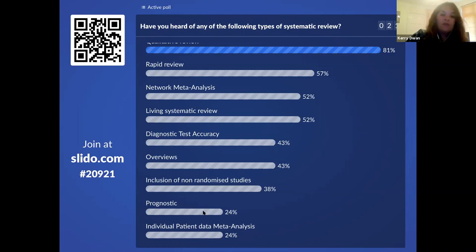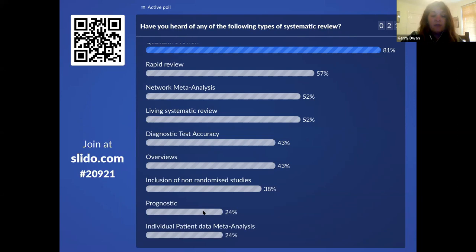And so for diagnostic test accuracy, we have sensitivity and specificity of the test, and these are summarized in a meta-analysis and presented in summary and findings tables, as Rebecca showed. And then we have individual patient data meta-analysis as well. So again, this can be part of a standard intervention review.